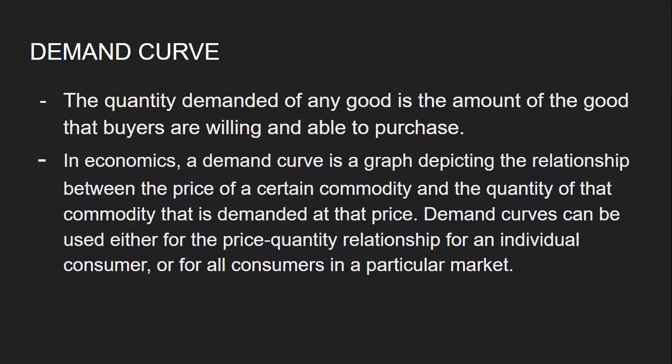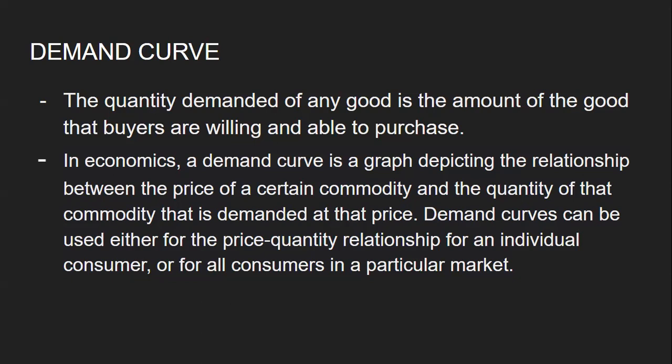Demand curve. To understand this, we first need to know what quantity demanded is. Quantity demanded is the amount of a good that buyers are willing and able to purchase. In economics, a demand curve is a graph which depicts the relationship between the price of a good and the quantity demanded at that price.